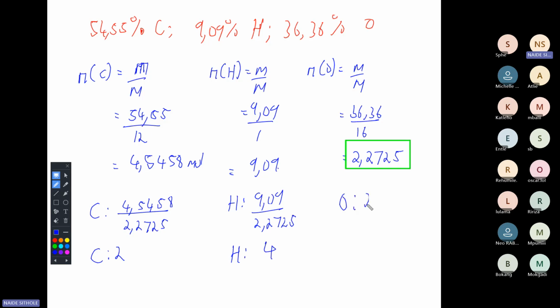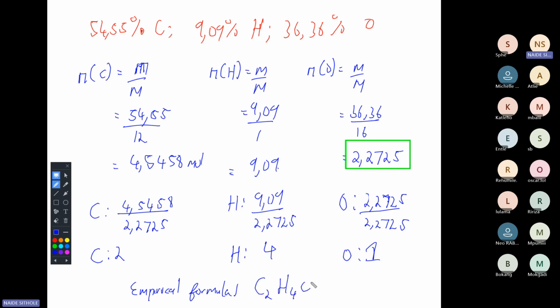And then 2.2725 divided by 2.2725, then our oxygen is 1. Therefore, it means our empirical formula is C2H4O. That's it.